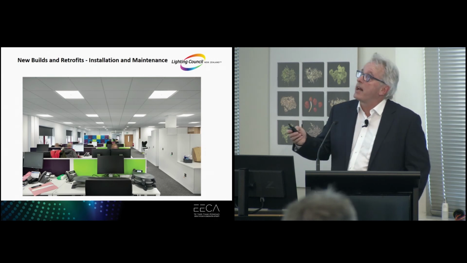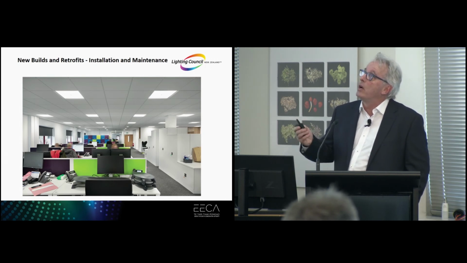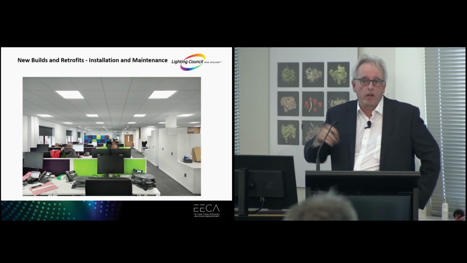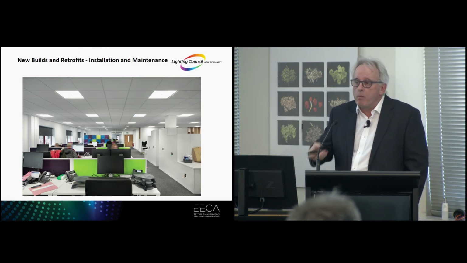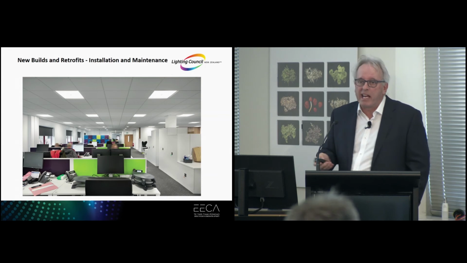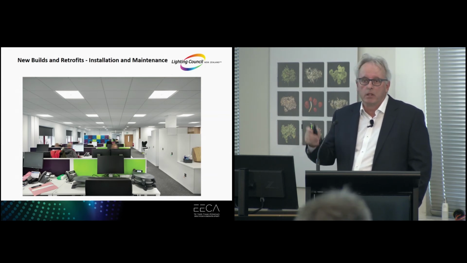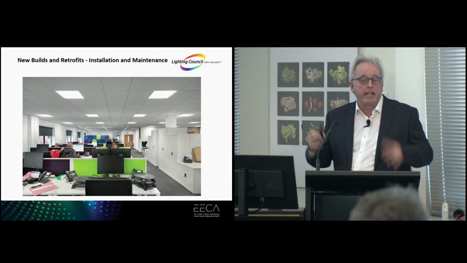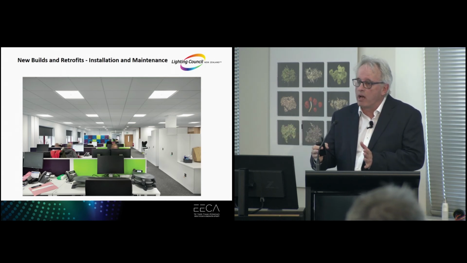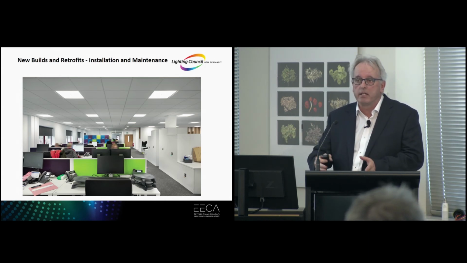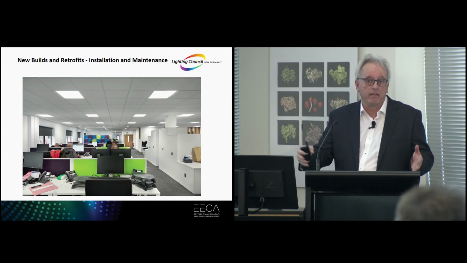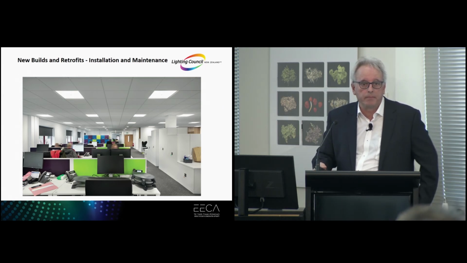If you cut up your ceiling tile this way to make it 1200 by 300, or cut across to 600 square light fittings, they will cost you a lot less. When you're buying a light fitting, you're buying materials: all this metal, all this diffuser material, all these LEDs to light up this big space. If you can change your ceiling, go for a smaller light fitting. You can get enough light, and your light fittings almost cost half as much because you're physically buying half as much light fitting.